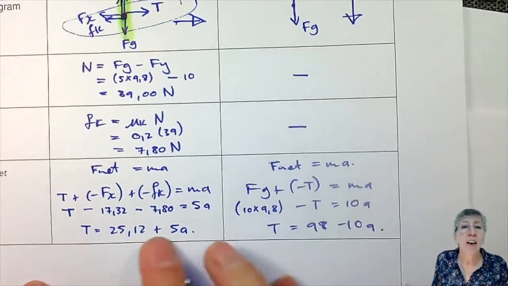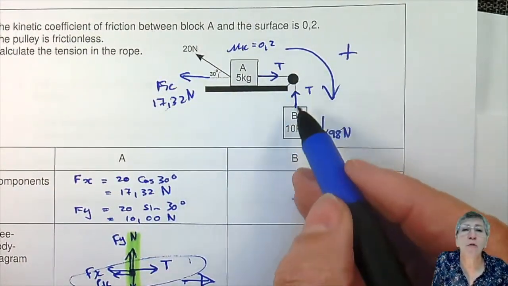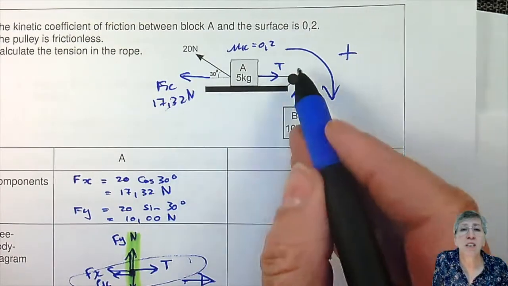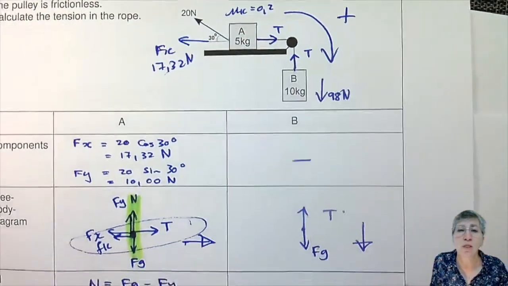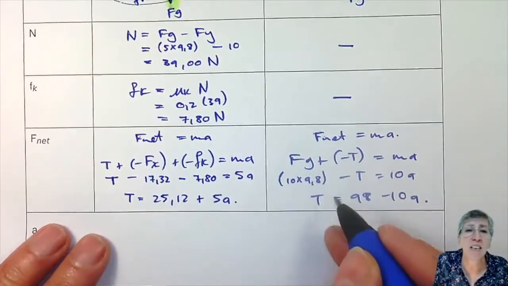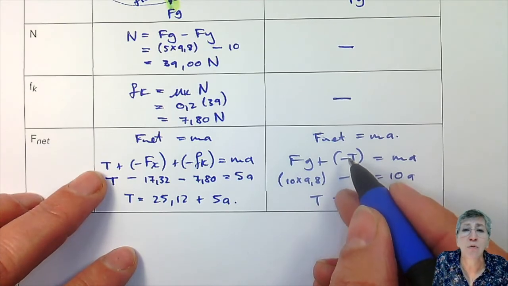Right. So now you have the two equations, and remember, even though the forces are not the same, the one is in that direction, the one is in that direction, the magnitude of the forces are the same, and this T is only standing for magnitude. We already had the plus and the minus for the direction.